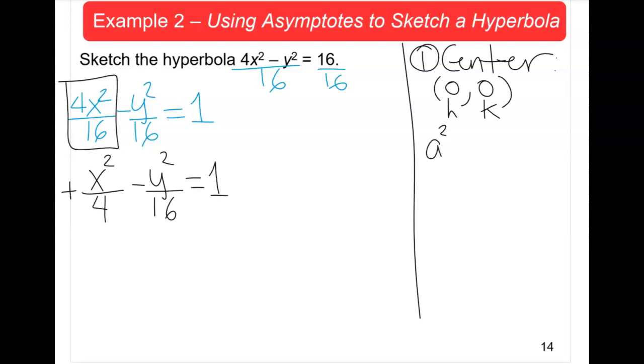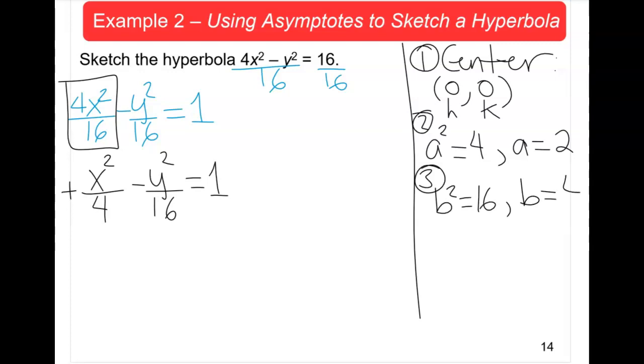And so a squared is 4, which tells me that a is the square root of 4, the positive one, and that is 2. Positive because we're talking about distance. Then the third thing is that we know that b squared is equal to 16. So then b is the square root of 16, which is 4.